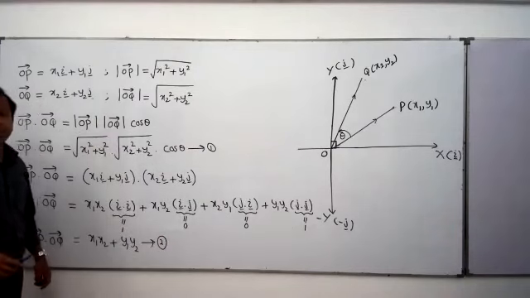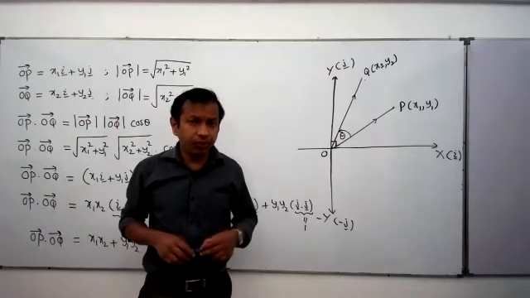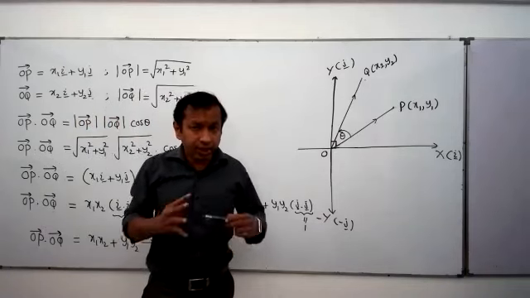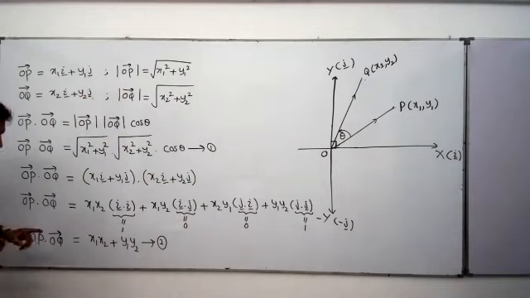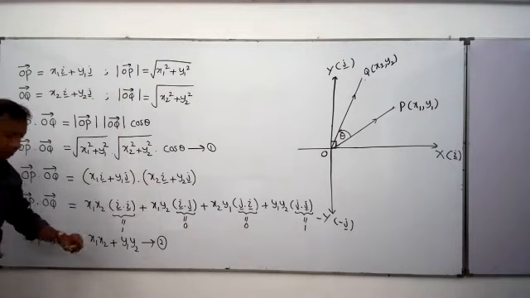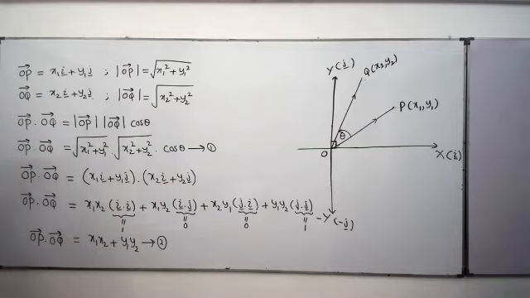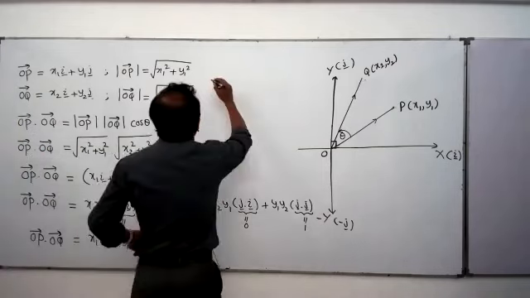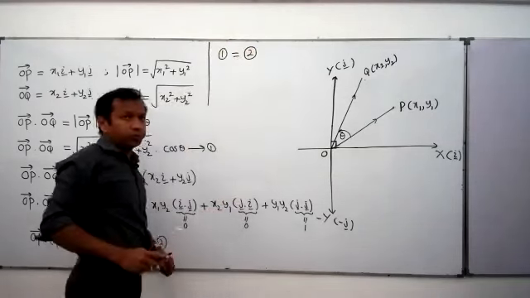So remember, when we take the dot product between two vectors in ij form, the dot product is the product of the i coefficients, x1 x2, plus the product of the j coefficients. Now in number 1 and number 2 the left hand sides are the same, therefore the right hand sides must be equal. So 1 equals 2.